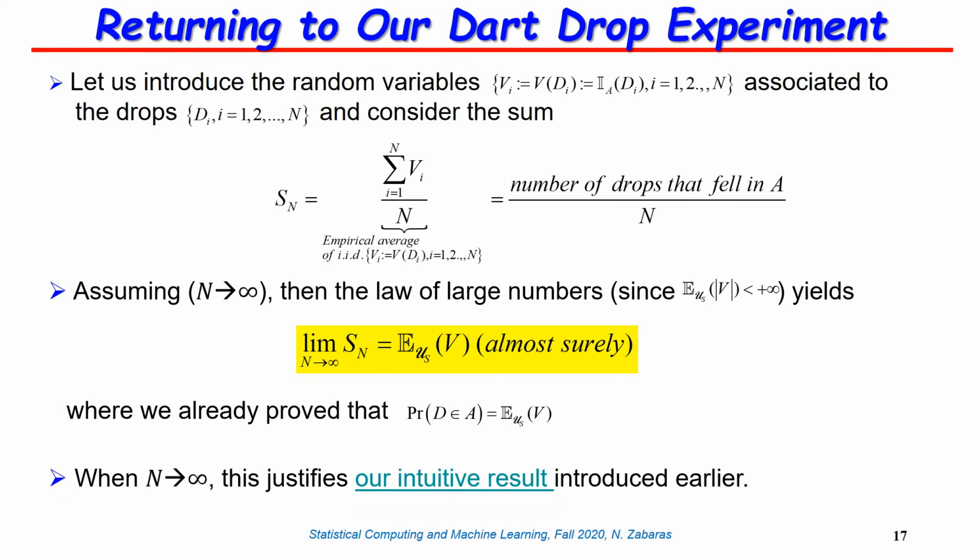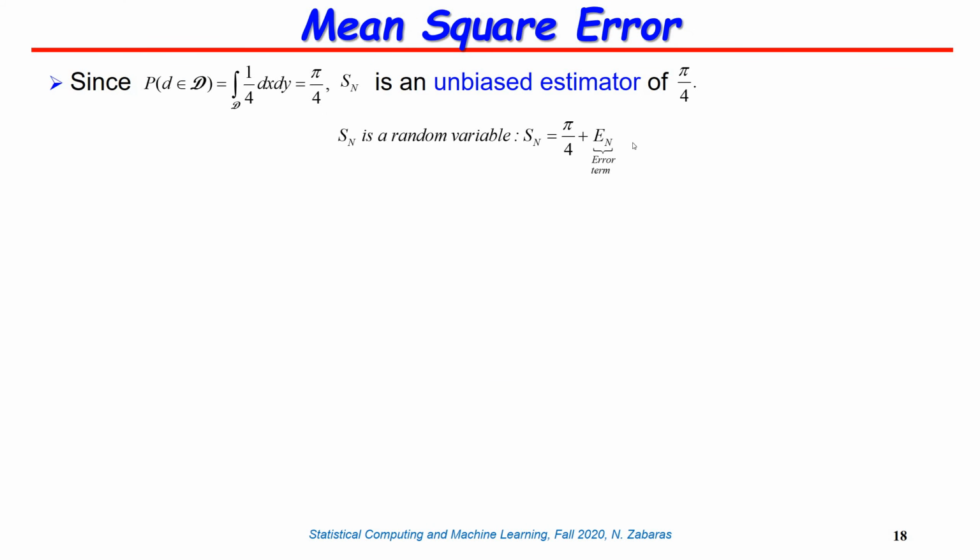So in many ways, I can write that Sn is pi over 4, which is the true value, plus some error term. So you can think of Sn being an approximation of pi over 4.